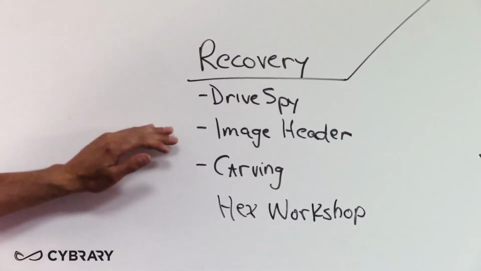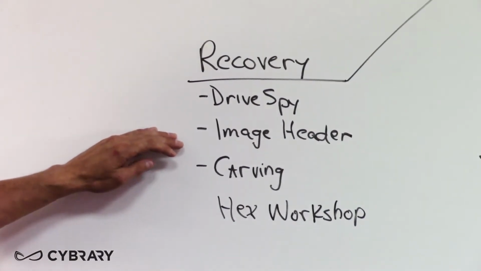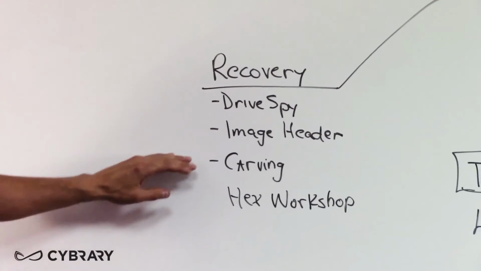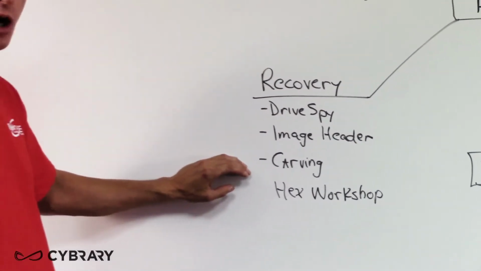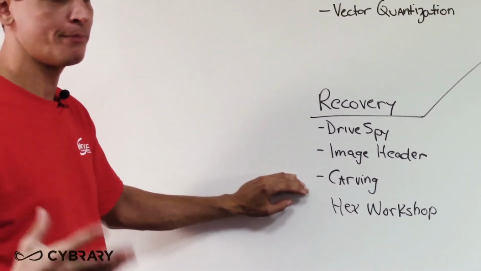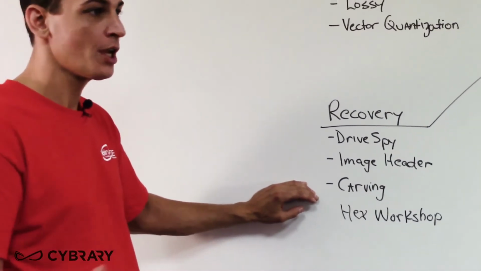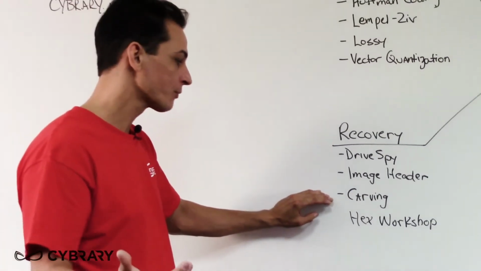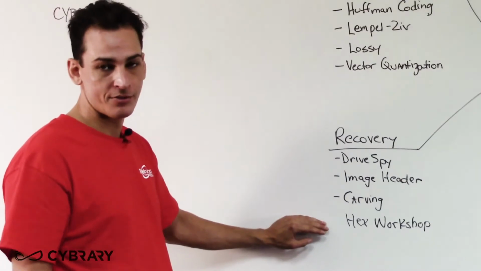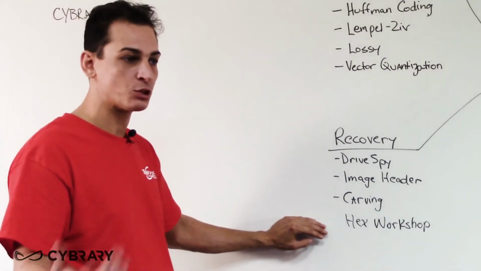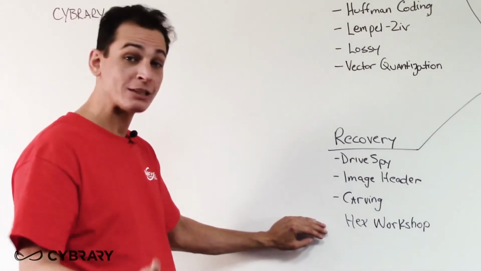So it's what we would do in the world of recovery to attempt to recover some sort of corrupt image. Also, carving techniques. Remember, carving simply means looking for hidden patterns or data or values that are hidden inside the media.